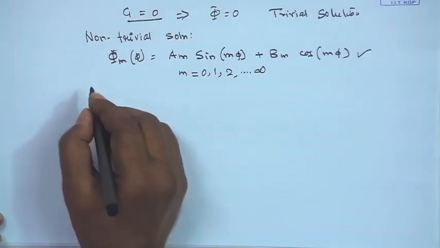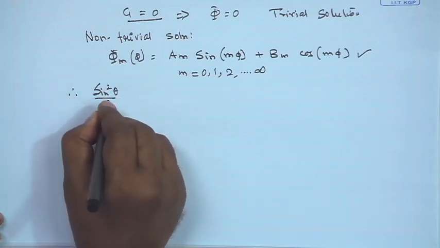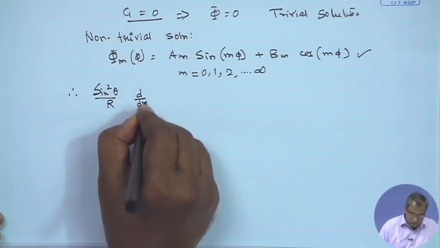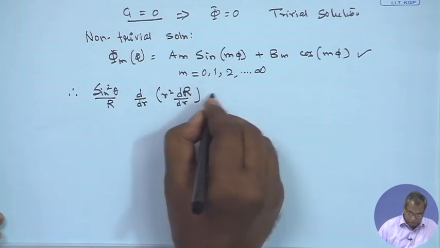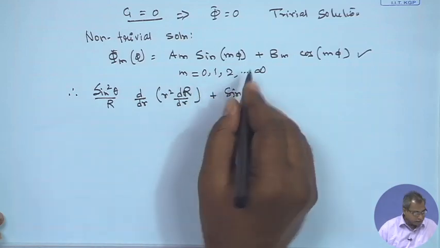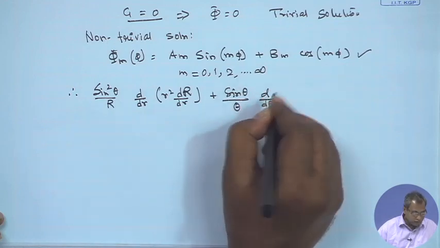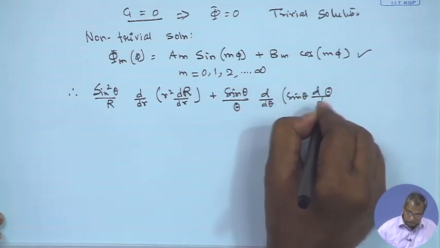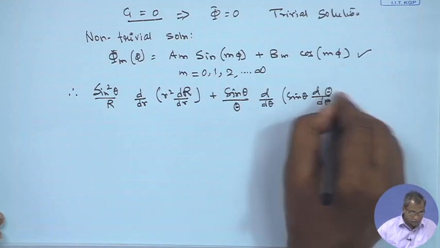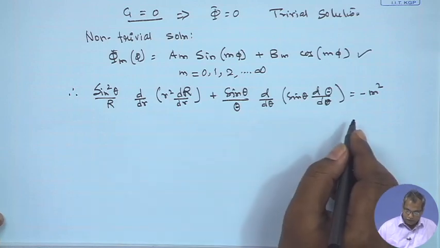Now, let us look into the r varying part and other parts. So, sine squared theta divided by r, d dr of r squared dr, plus sin theta divided by theta, d d theta of sin theta d theta, is equal to minus m squared, where m is from 0 to infinity.